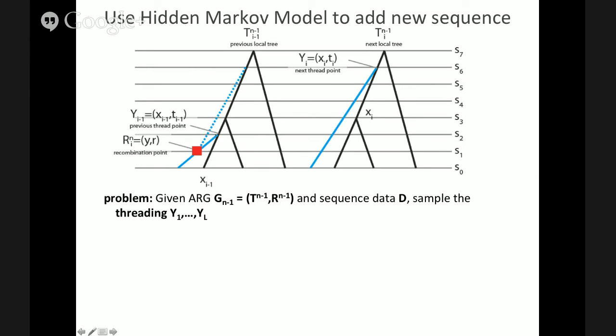We have our new branch, and we can represent basically a state for that branch. That state is state Y, and it really just depends on what branch X you attach to and at what time you attach. If we use, say, discretized time, several different time points, then we have a finite number of attachment points for this new branch.